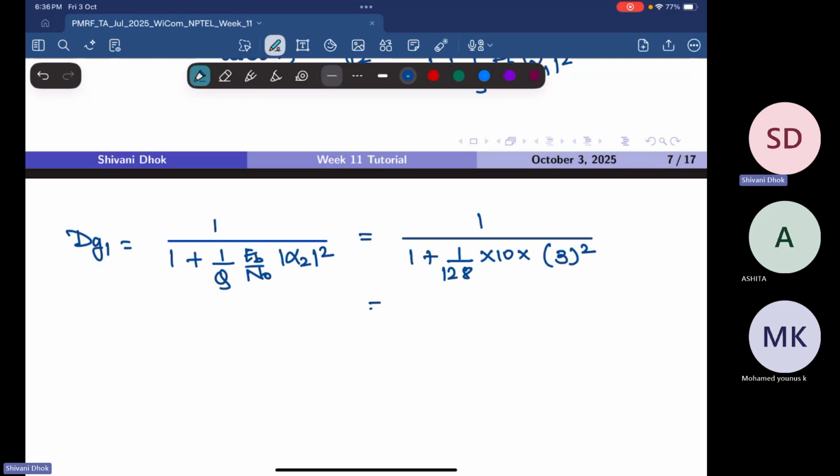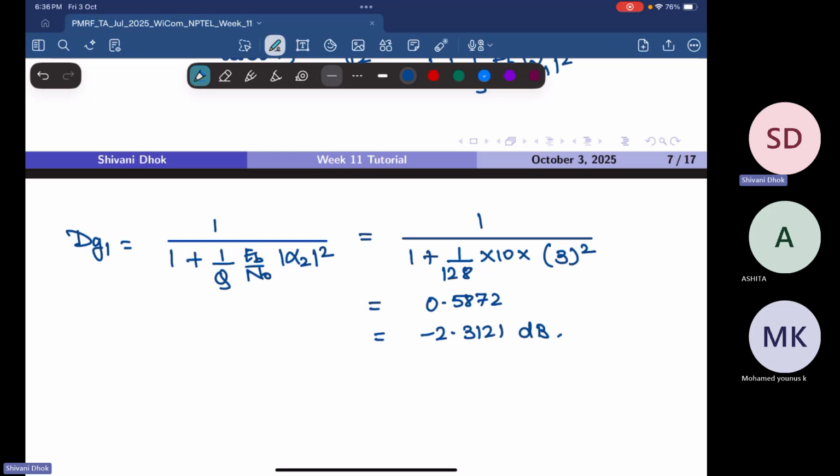If you use your calculators, this comes out to be 0.5872 in the linear scale, and if you convert it to dB scale, that comes out to be minus 2.3121 dB. So this is the degradation factor for user 1.